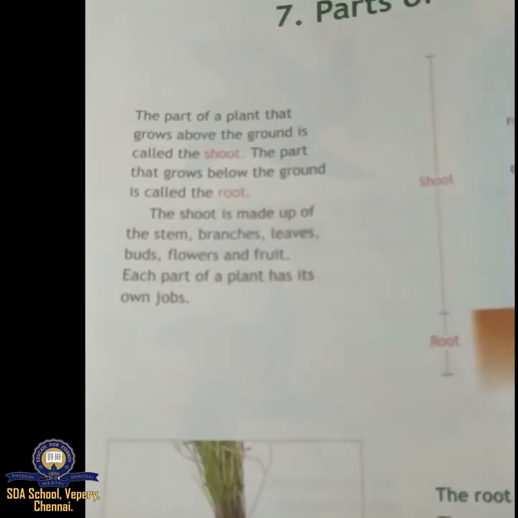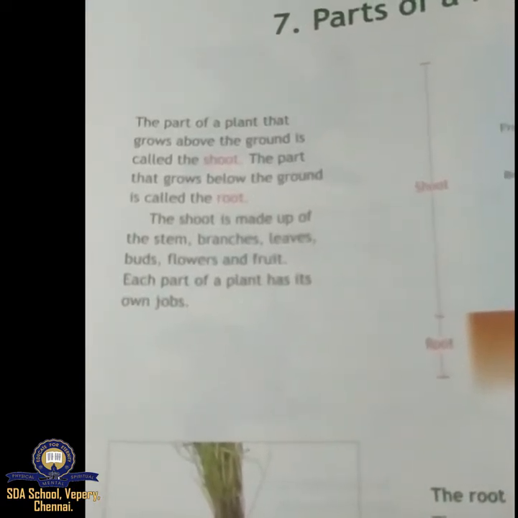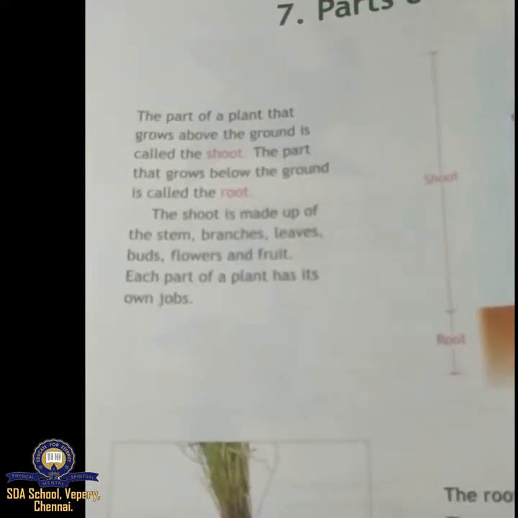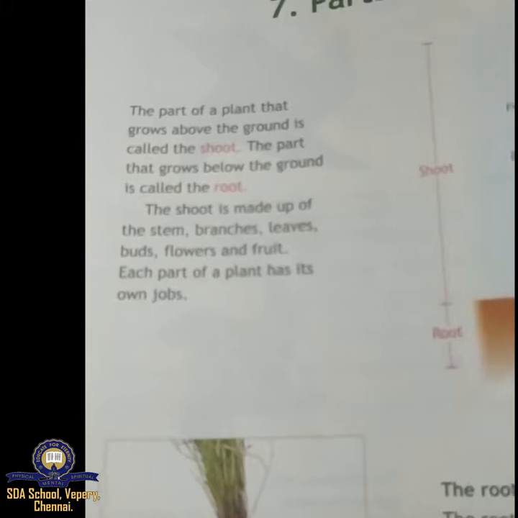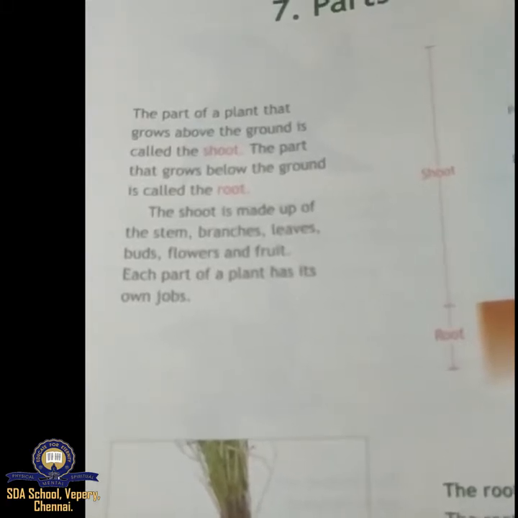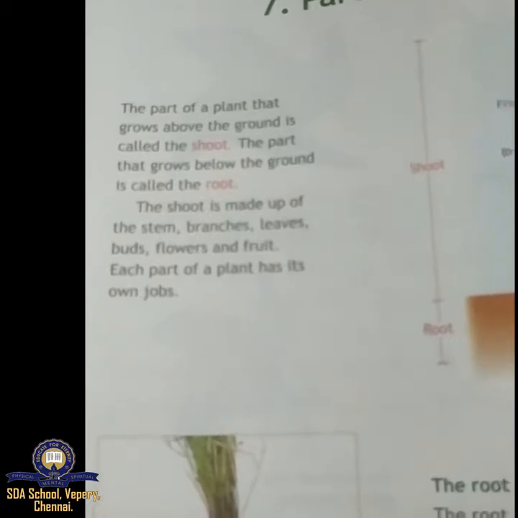The part of the plant which grows above the ground is called shoot. And the part that grows below the ground is called root.